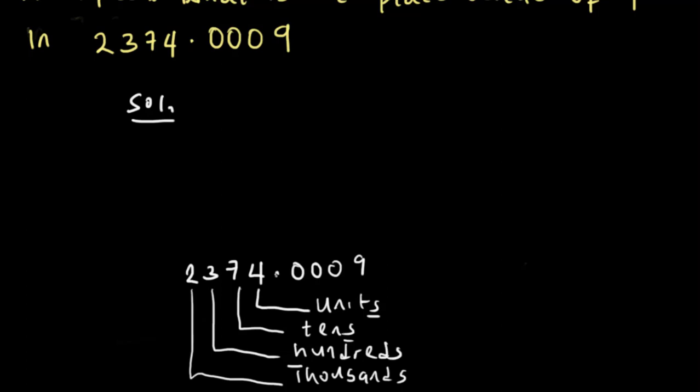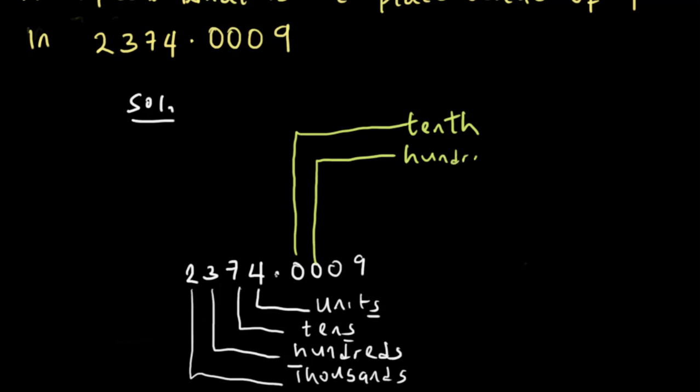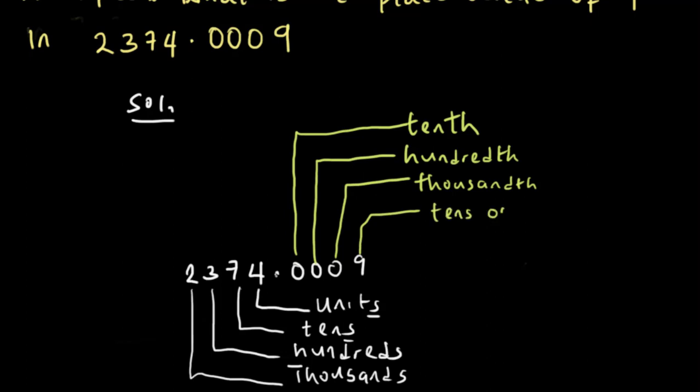Then after the decimal point, we move up, and the first will be what? Tenths with th. Then we have what? Hundredths. Then thousandths. Then ten-thousandths.